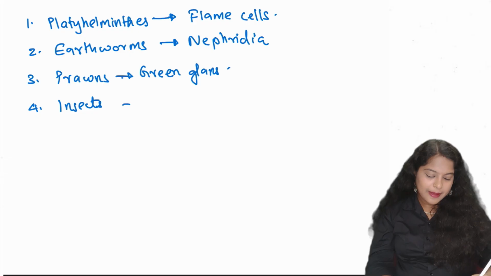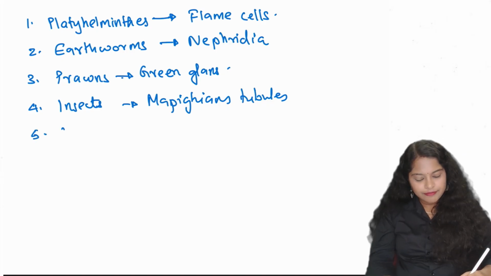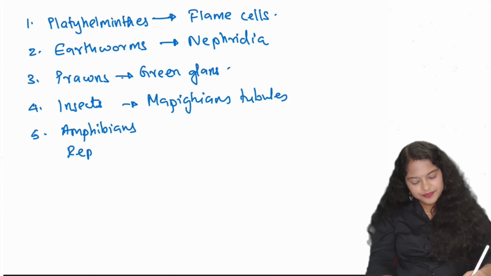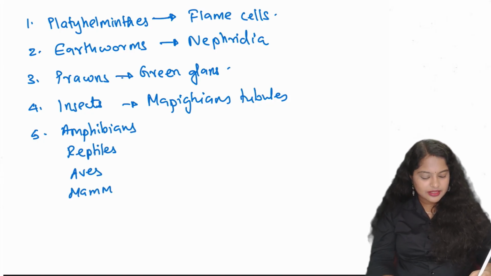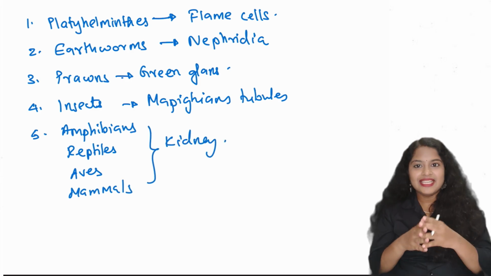Insects have Malpighian tubules for excretion. Then amphibians, reptiles, aves, and mammals all have kidneys as their excretory organ.